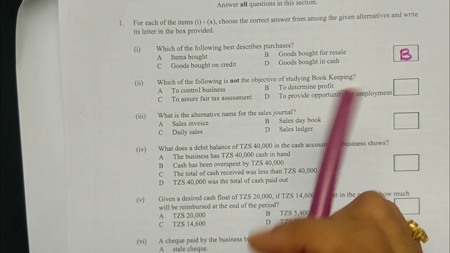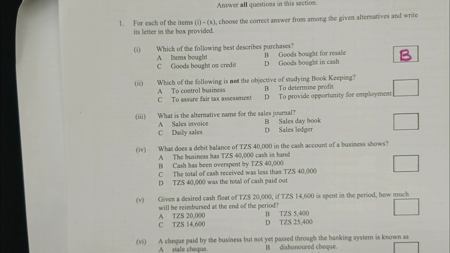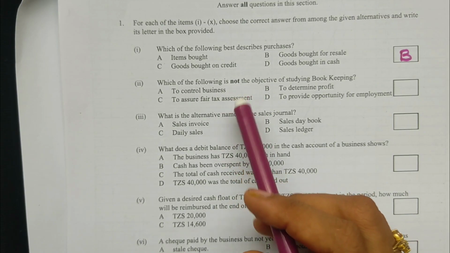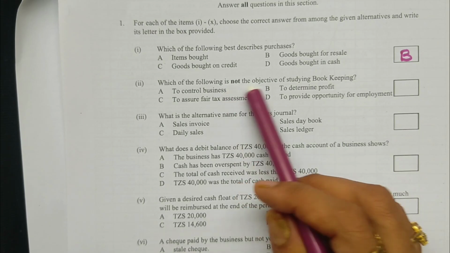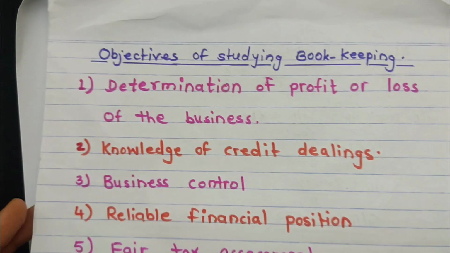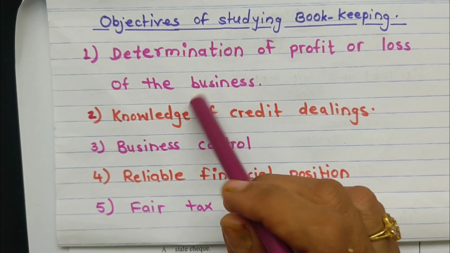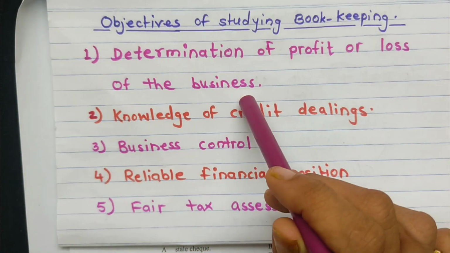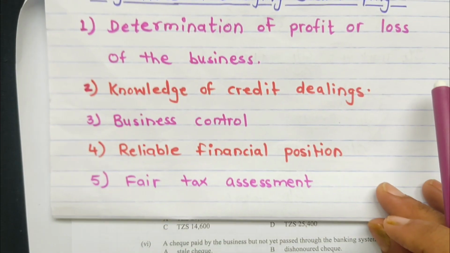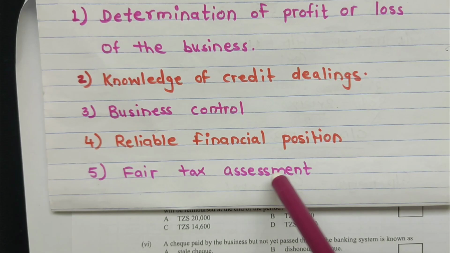Second one, which of the following is not the objective of studying bookkeeping? Which is not? See, you should read multiple choice questions very carefully. So here it is given which is not the objective of studying bookkeeping. If you remember, we studied the objectives of studying bookkeeping: determination of profit or loss of the business, knowledge of credit dealings, business control, reliable financial position and fair tax assessment.